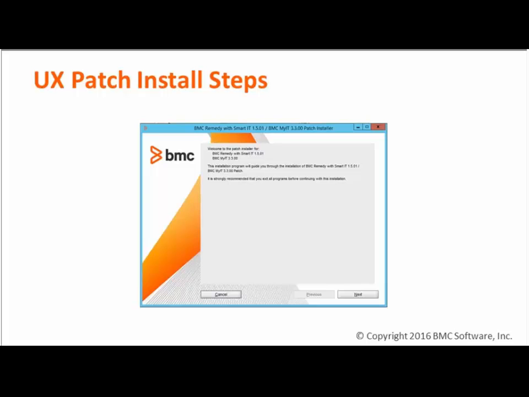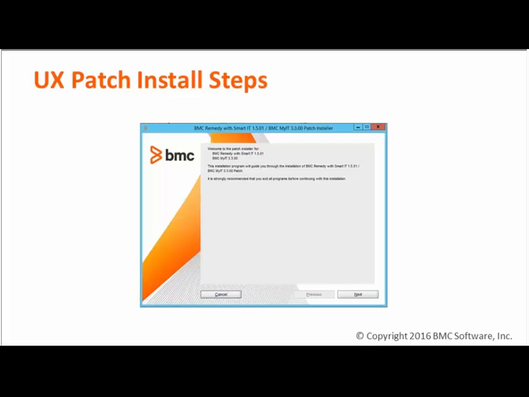So the installation is split into two parts. One is the user experience patch installer, and the second is the MyIT installer. The user experience patch installer is the one which you need to install on the AR server.